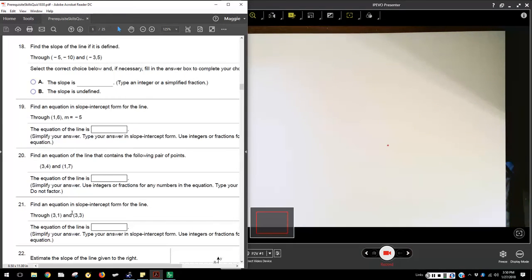Now we're going to start talking about slopes and equations. Slopes and rates of change are going to be very important in calculus, so you're going to need to remember how to find slopes of lines. That's going to be a process we're going to depend on quite a bit. So starting with number 18, find the slope of the line if it is defined.